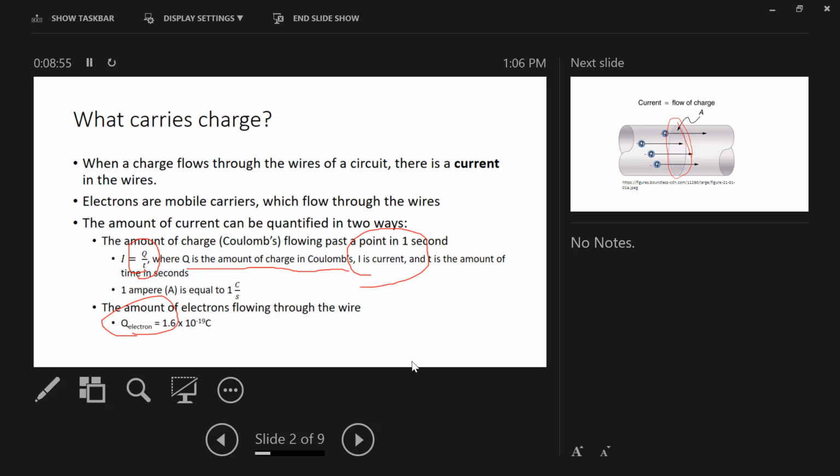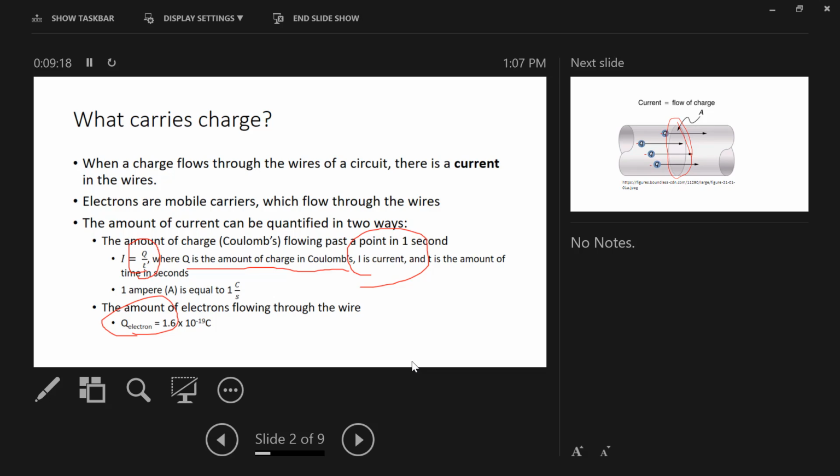And in order to do this, we need our second tool, which is that the charge of an electron is equal to, and this is just the magnitude of the charge. It's not the direction, because the electrons are negatively charged, right? But the magnitude is 1.6 times 10 to the minus 19 coulombs.